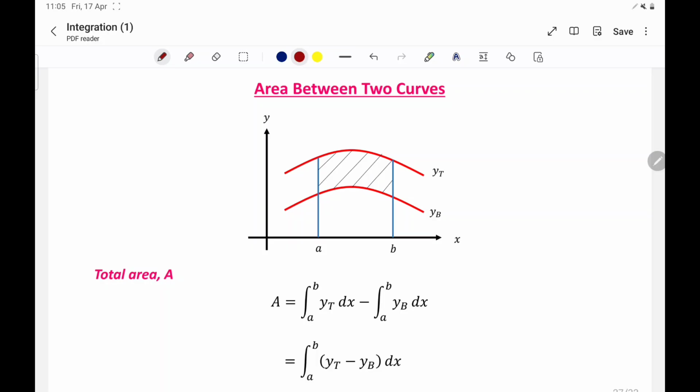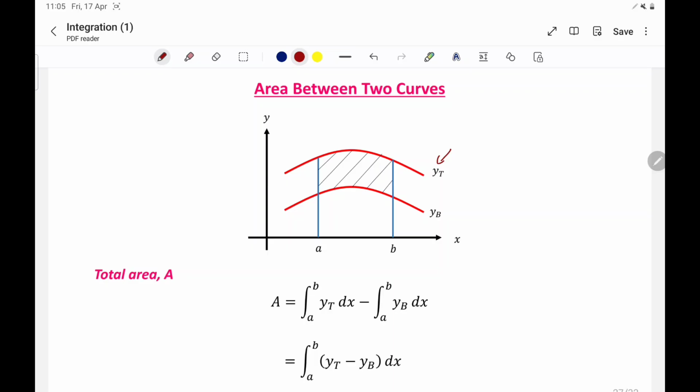Now when it comes to area between two curves, it doesn't involve only one graph that you have to draw. You have to draw two, and then you have to find the area bounded between them. So you imagine the area bounded between them like this. You have one function and you have another function, drawn on your graph, and then you have to find the boundary of them.